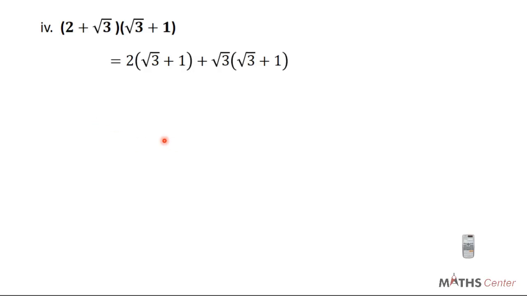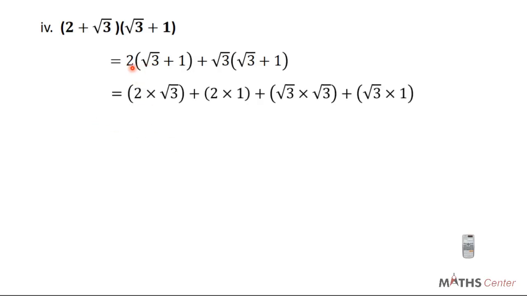So from here, we open the bracket. So you are going to have 2 times square root of 3 in one bracket, then plus 2 times 1 in the other bracket, then plus square root of 3 times square root of 3 in one bracket here, then plus square root of 3 times 1 in the other bracket.